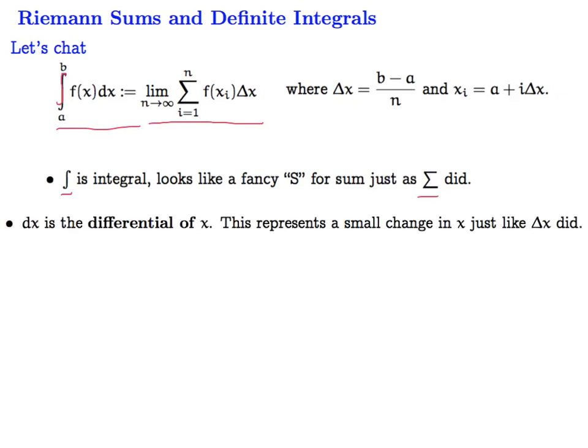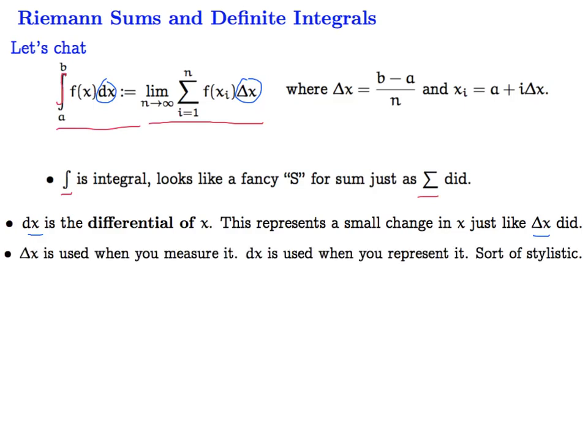The next interesting looking symbol is the differential, which is denoted by dx here. And this takes the place of our delta x over here. So dx, the differential, represents a small change in the value x, just like delta x represented the smaller and smaller widths of our rectangle as we increased n.